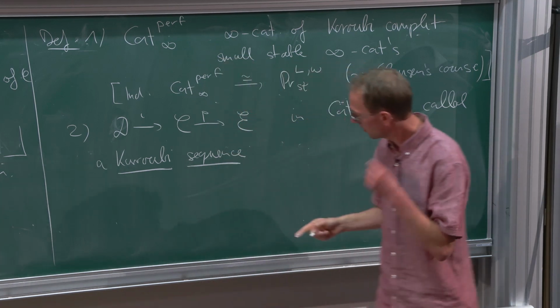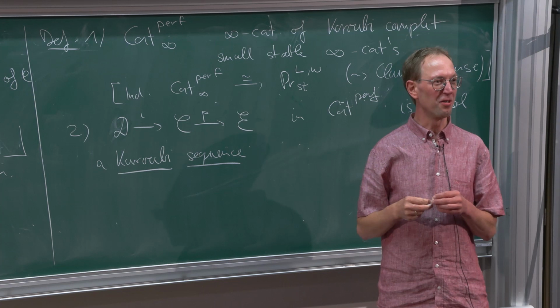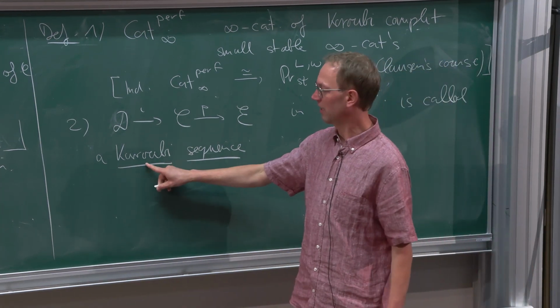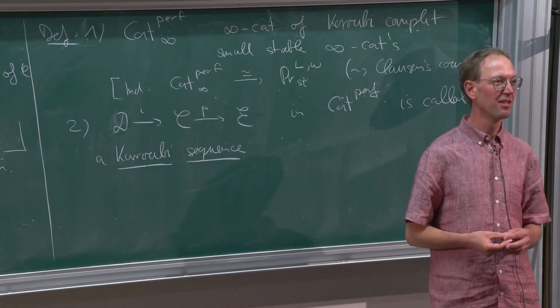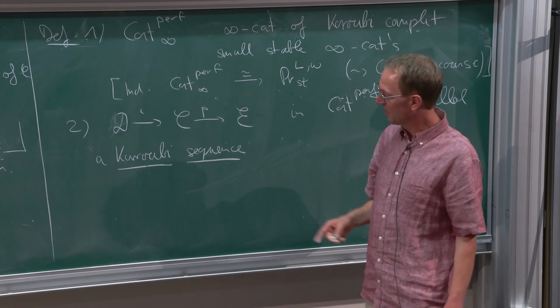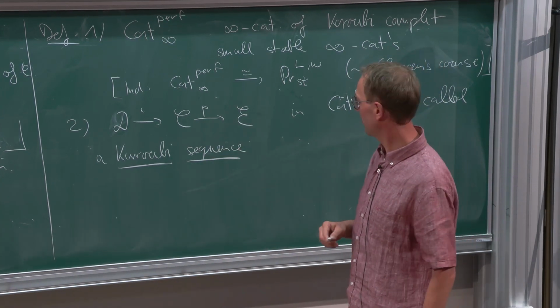Sometimes it's also called an exact sequence or some other kind of word. I'm insisting on this Karoubi here, and I took this, I think, from the nine-author project on Hermitian K-theory, because it makes a difference. So okay, let me define it and then I explain this.